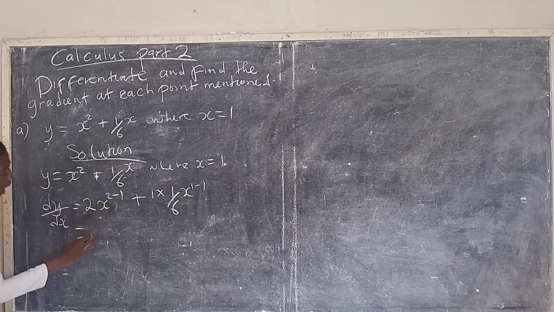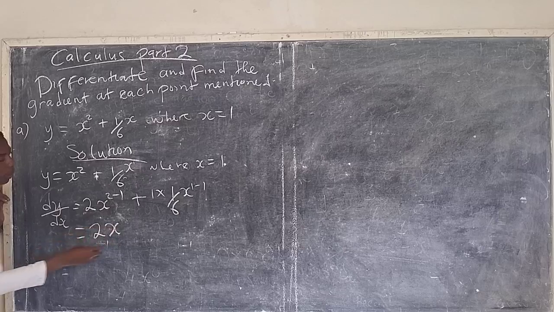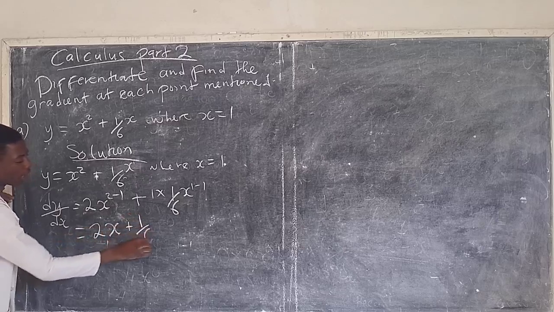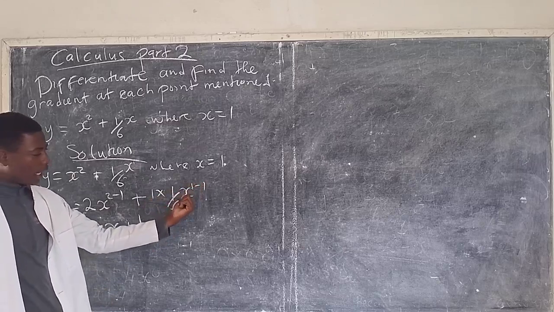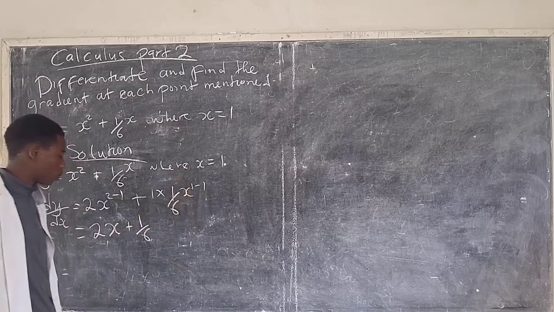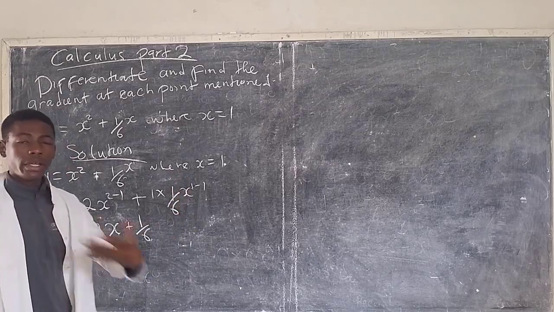Then we have 2x, 2 minus 1 gives us 1, which is the same as 2x plus 1 over 6, because 1 minus 1 is equal to 0, and any letter raised to the power 0 is equal to 1. So we have this as our dy dx, or in other terms, the gradient function.